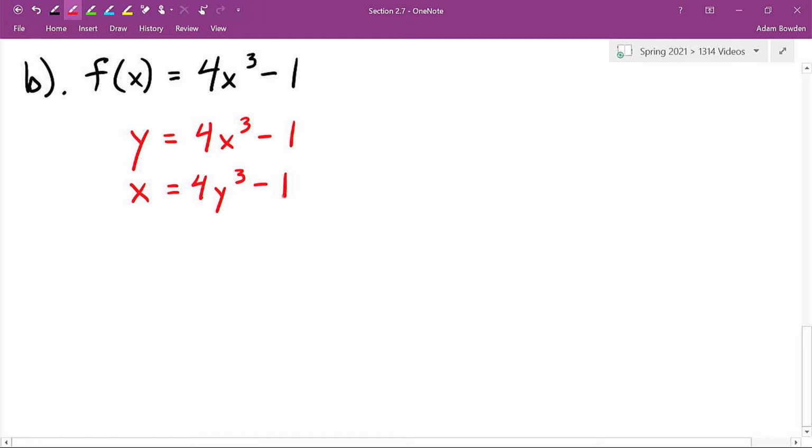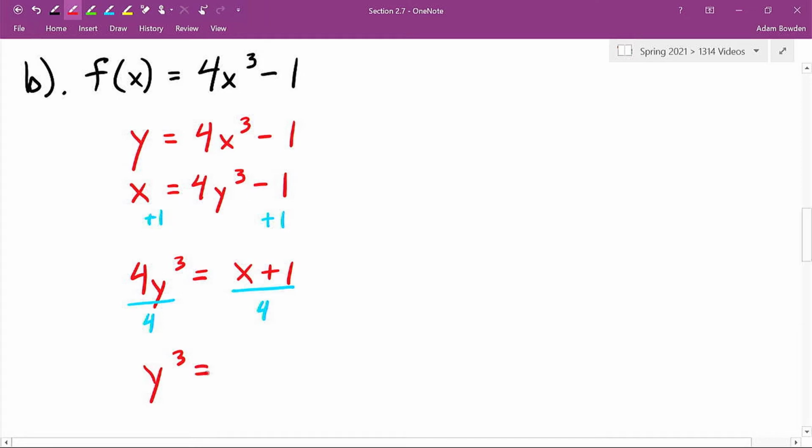After we swap the x and y, then we need to solve this again for y. So now we'll add the 1 over, and then it'll change to 4y cubed equals x plus 1. Then you can divide 4 from both sides, and it'll turn into y cubed equals x plus 1 all over 4.